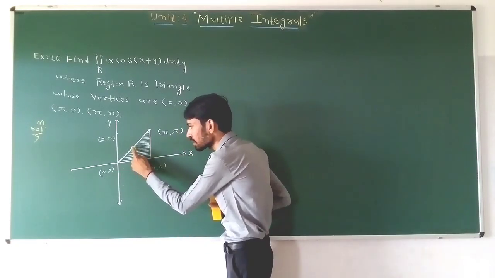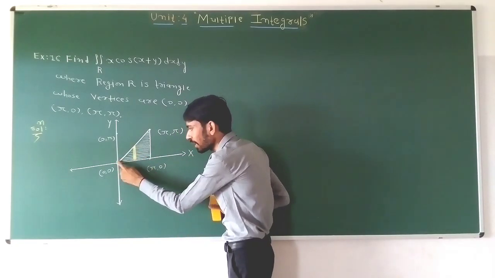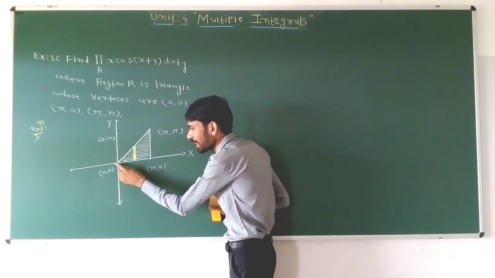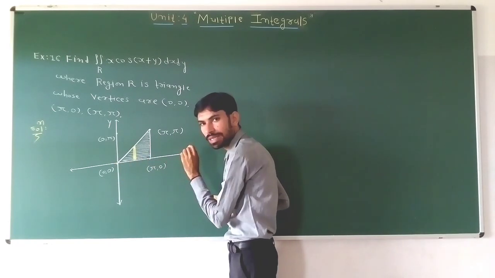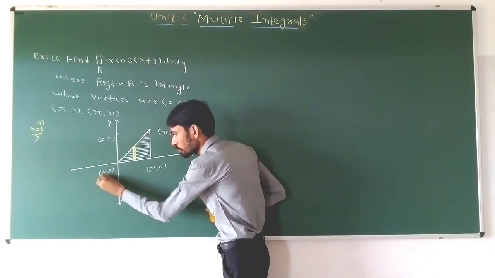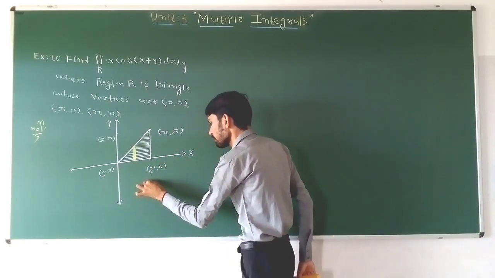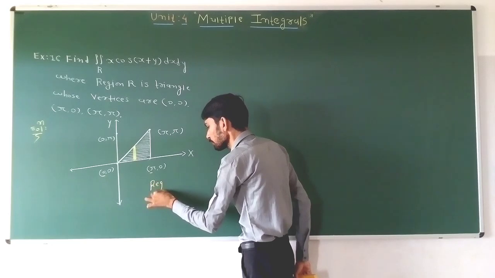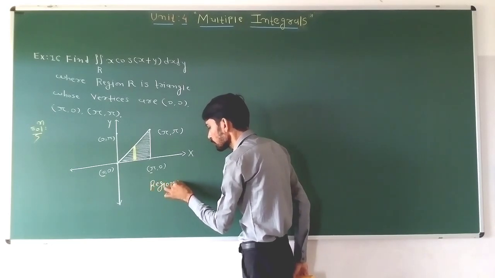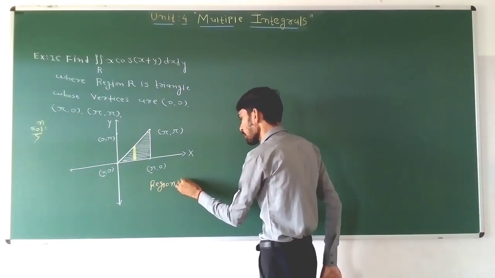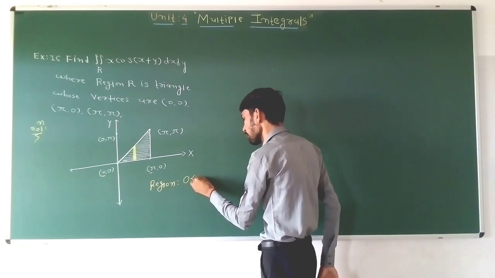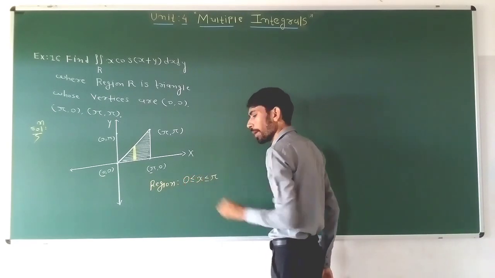Friends, the vertical strip drawn inside the region runs along the x-axis, and the region is covered on the x-axis from 0 to pi. So this is the limit of x. Here we write that the region on the x-axis is covered by 0 less than or equal to x less than or equal to pi.